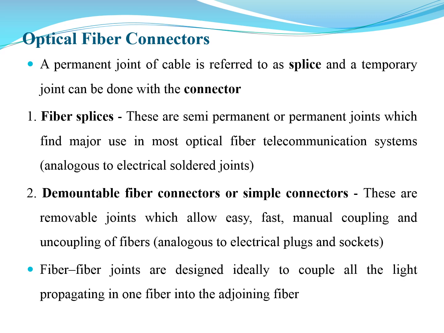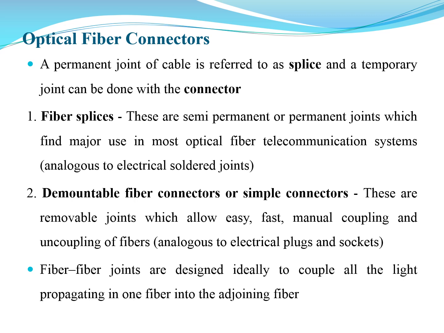It is very fast manual coupling and uncoupling of fibers, which is similar to electrical plugs and sockets. So it is not a permanent joint, it is just a removable joint.